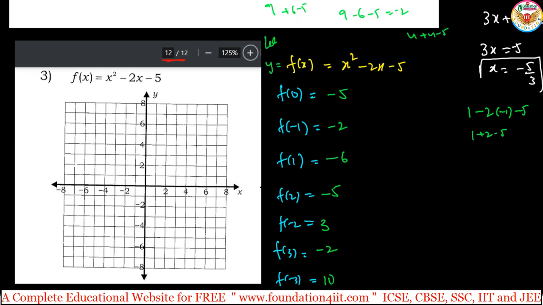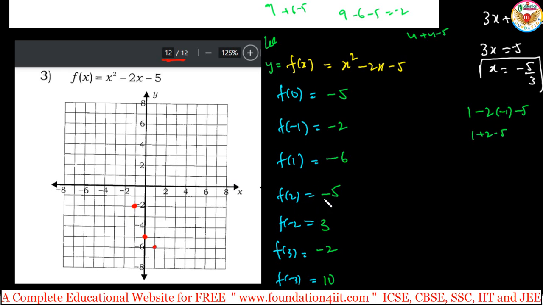After getting the values, you can plot on the graph. When x is 0, y is -5. When x is -1, y is -2. When x is 1, the result is -6, so (1, -6).